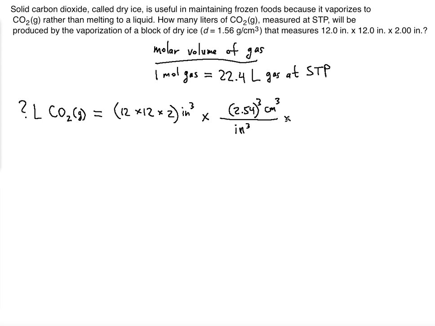So now, as you can see, the cubic inches are gone. Now we're going to use the density to convert to grams. In 1 cubic centimeter of the dry ice, there's 1.56 grams. So now the cubic centimeters are gone. Next we're going to convert the grams to moles.